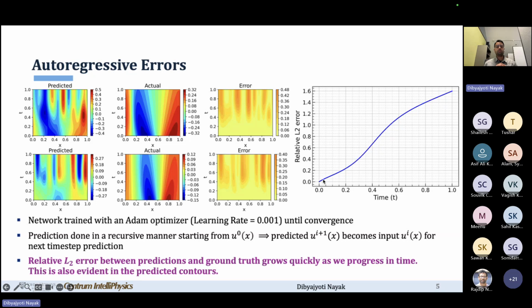You can clearly see that once you start advancing sequentially in time, the relative L2 error quickly grows. As you move further and further in time, the errors get accumulated and error compounding happens. Finally, once you reach the final time step, the relative L2 error has grown to 1.6, so that's around 160% error in the actual prediction. Clearly this is not acceptable, and we want to come up with some way to arrest or reduce this error growth.